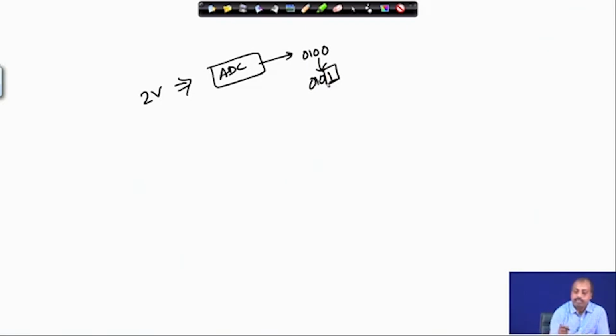Now, for what change in this voltage can it produce this single LSB change? Okay. So, if the next voltage is 2.2 volts, such that for 2 volt the output is this one, for 2.2 volt the output is this one, then I can say that it has got a resolution of 0.2 volt. So, it can sense the change of 0.2 volt and convert it into a different digital value, the next digital value. Okay.